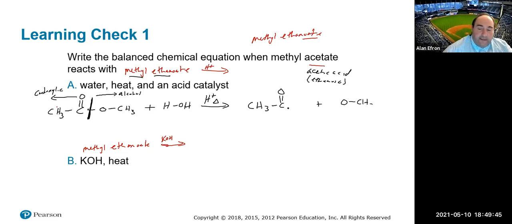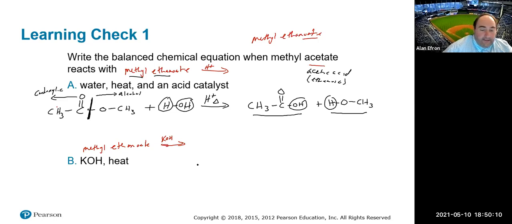This is our carboxylic acid, which means it's missing an OH. So there we go. This is our alcohol, which means it's missing an H, right? So there you go. We now got back the completed carboxylic acid and the completed alcohol. Any questions on that particular one?